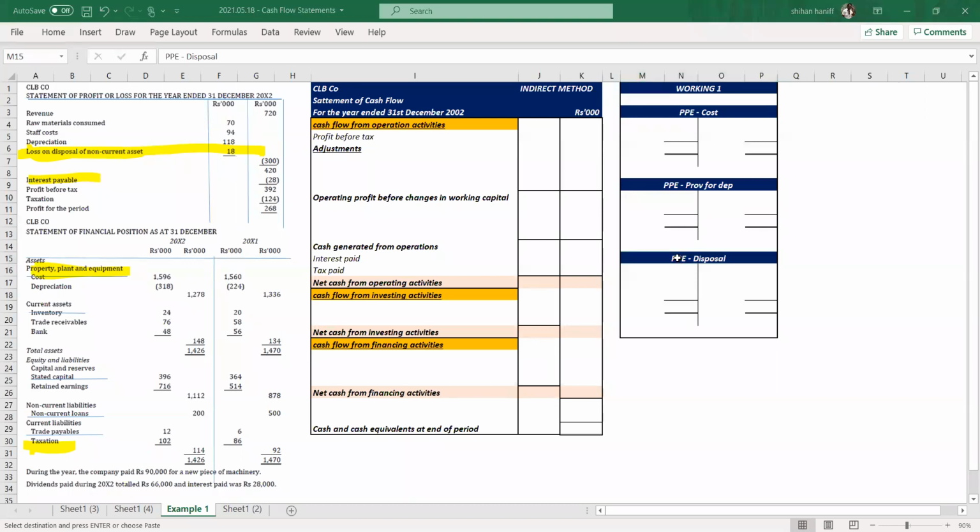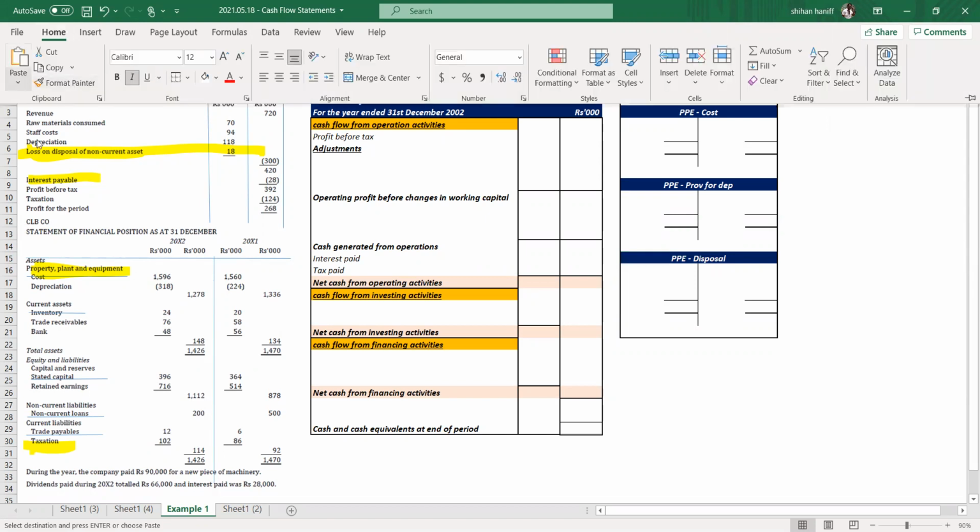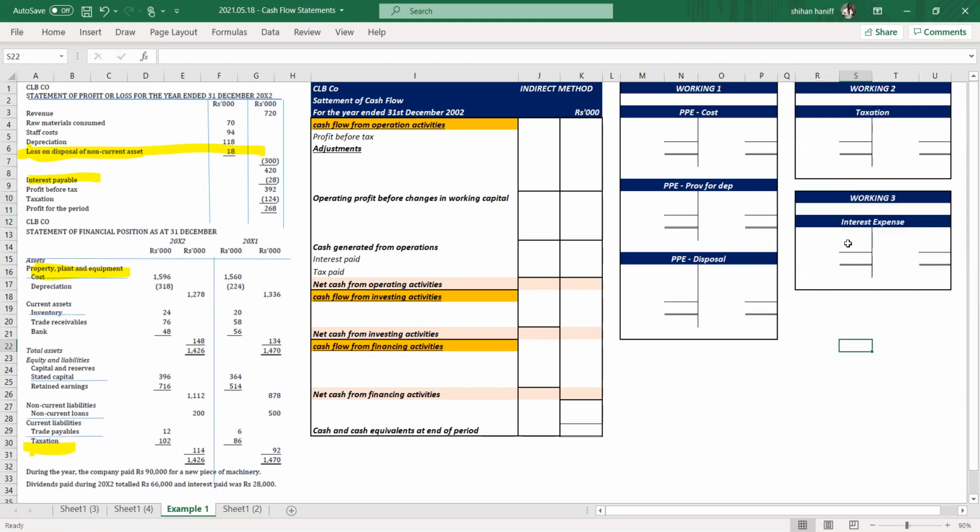We also draw working for taxation and interest expense.